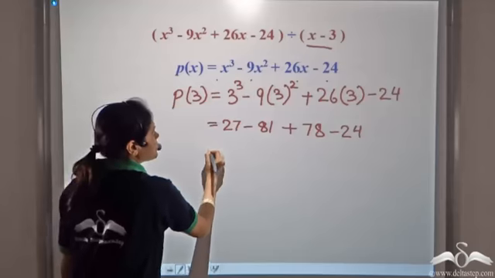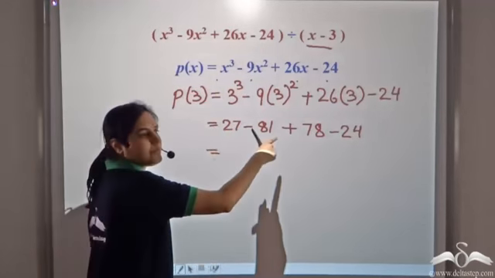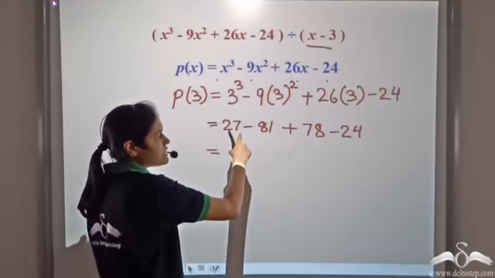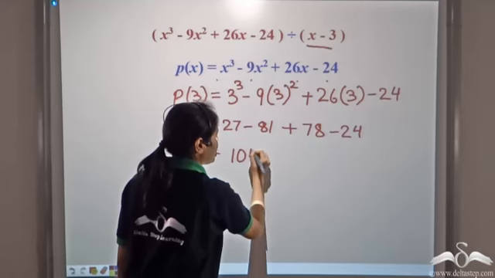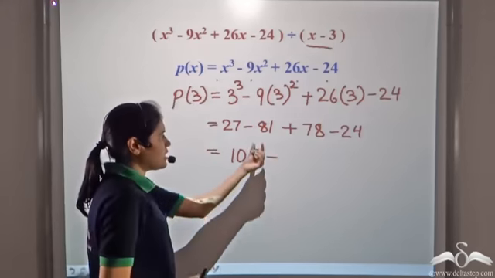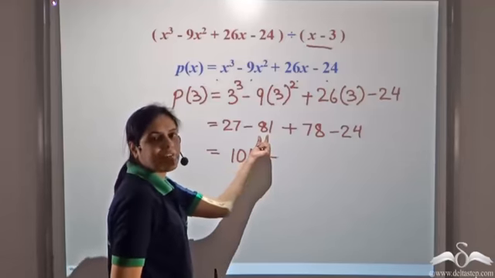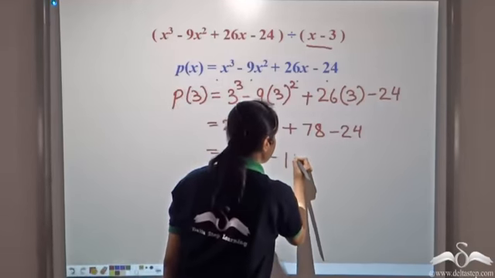So let us collect the positive terms together. 27 plus 78 is 105. Now add the negative terms together: negative 81 and negative 24 gives us negative 105.